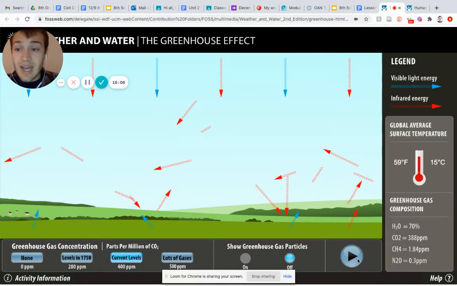Go ahead and count the red arrows. All right, and then go ahead and take the temperature.